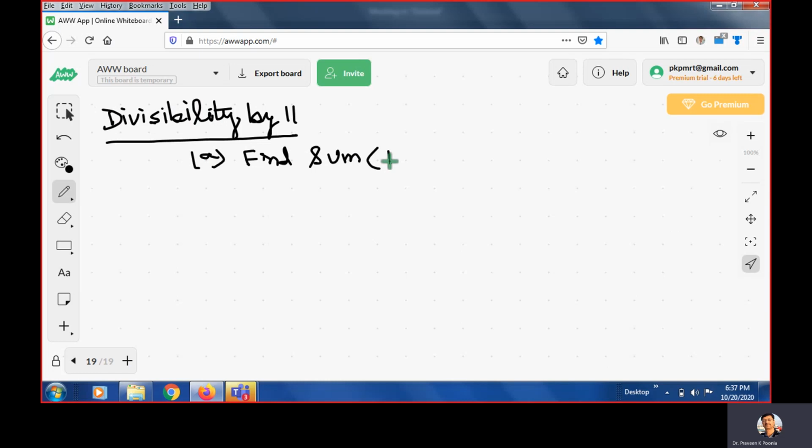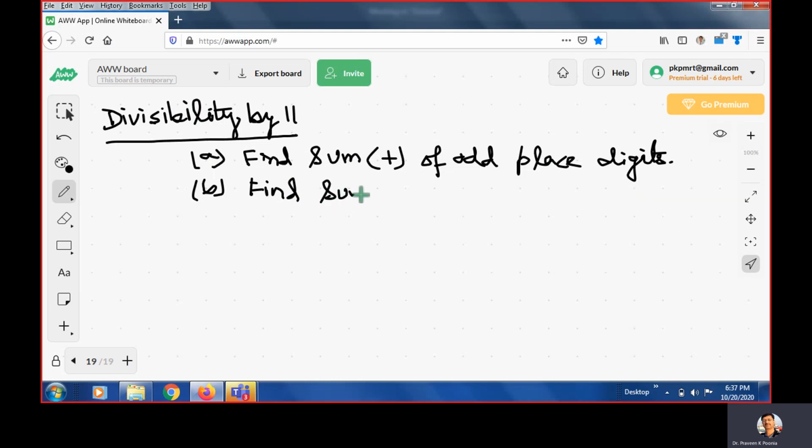Sum means plus of odd place digits. What is another one? Find the sum of even place digits. Find the sum of even place digits.